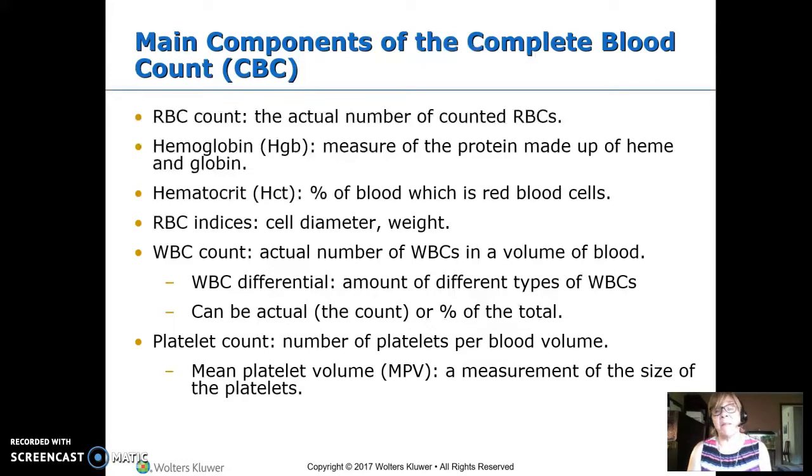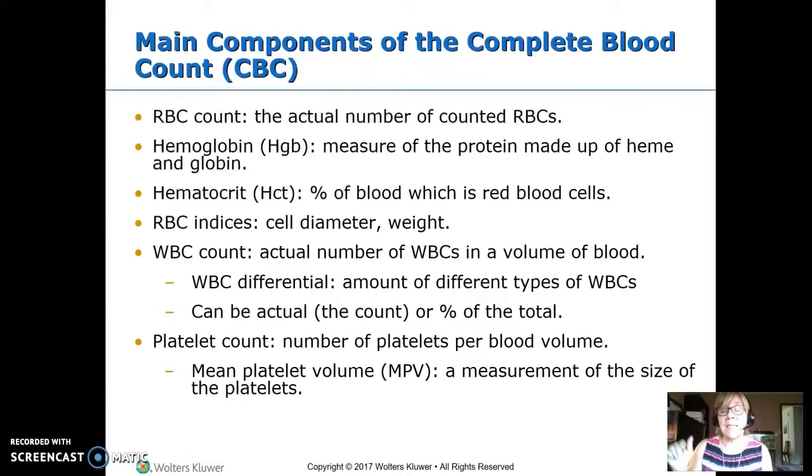White blood cell count. Again, we're counting how many white blood cells in this much volume of blood. And then we do the differential, which is to look at which types of white blood cells they are. The differential can be done in two different ways. They can either say the count, which is the actual, there are this many neutrophils, this many lymphocytes, this many monocytes, or they can do a percentage.